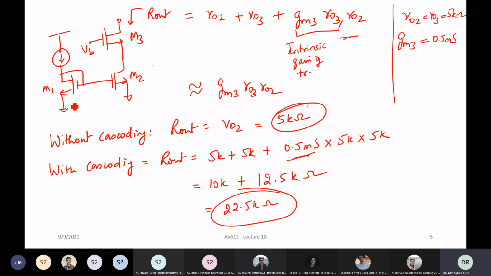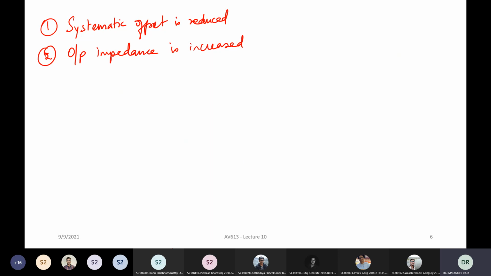It means that the current through M1 and the current on the other side is a very faithful copy from the left-hand side to the right-hand side. And not only that, when your node Vy changes, your output impedance is so high that the amount of current change is also going to be reduced.